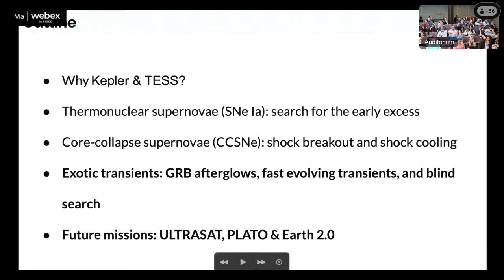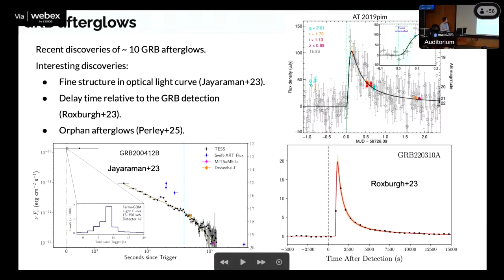Next, I'm going to talk about some exotic transients, including gamma ray bursts and fast evolving ones. There has been a lot of exciting recent progress in detecting gamma ray burst afterglows with TESS, by a few different groups. I want to highlight a few interesting results.